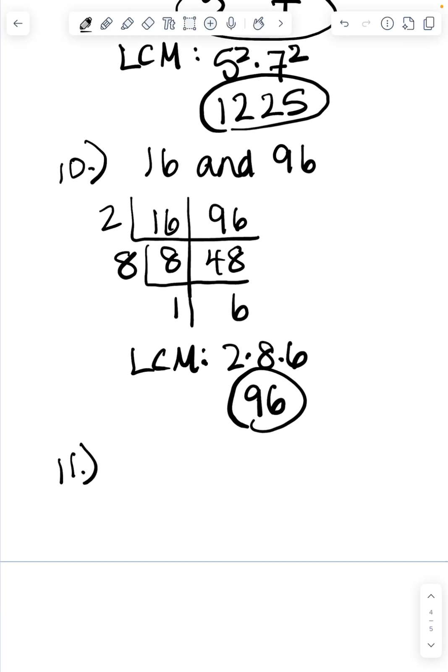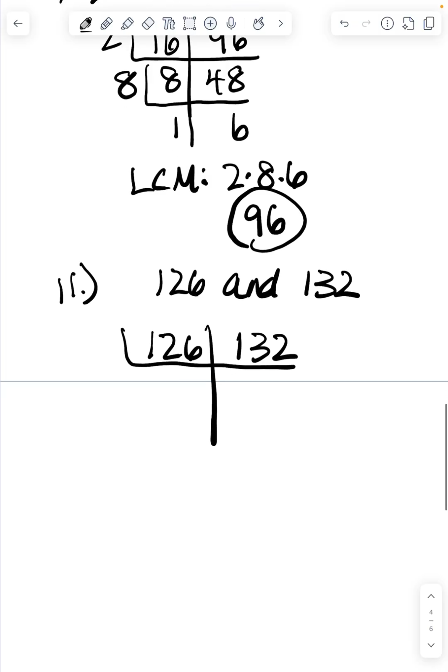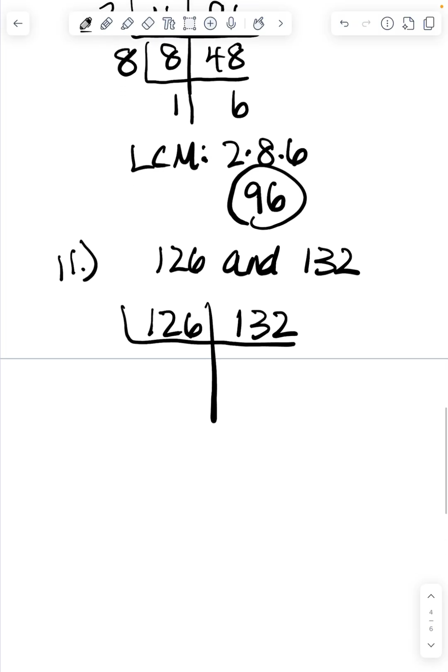Number 11, 126 and 132. Okay, so let's start with 2. Actually, I'm looking at these here, and I see that they're both even, and they both divide by 3. So I use my divisibility rules to check that by adding 1, 2, and 6, and that gets me 9, which is divisible by 3.